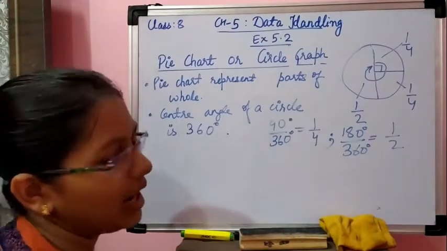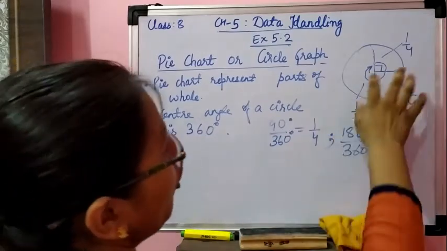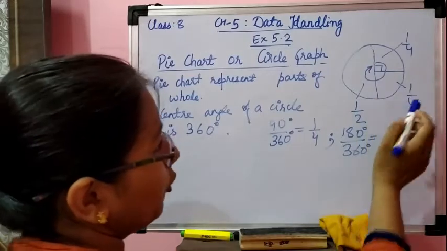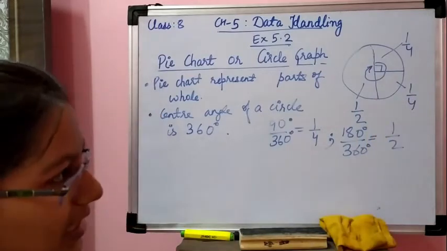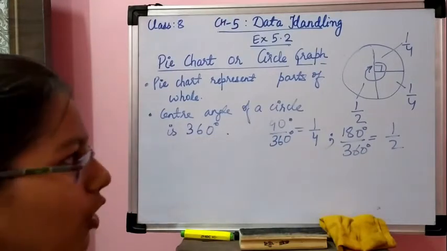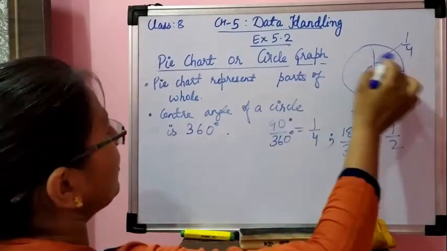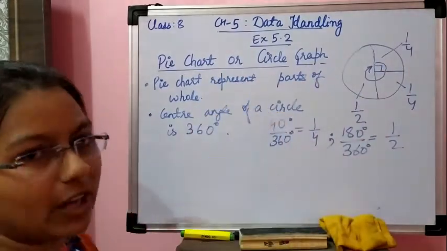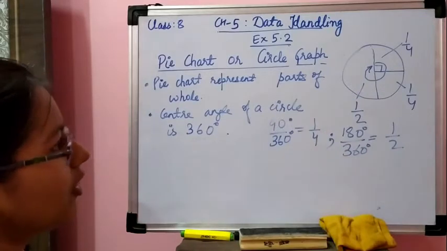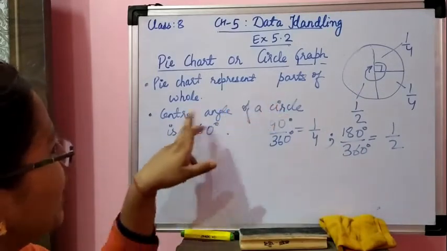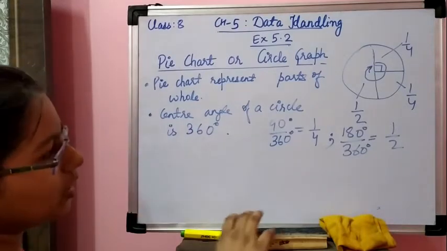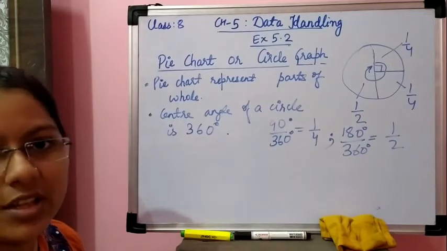These are the 24 hours of a day, in which 1/4 is utilized for studies, 1/4 for sleeping, and the remaining half for other works of our day. So we can represent different parts of the same whole quantity with the help of a pie chart or circle graph. Both are the same, and in this the major role is of the center angle, that is 360 degrees.